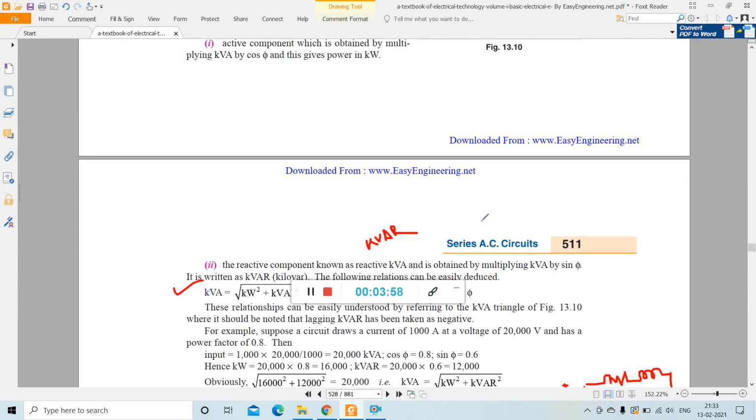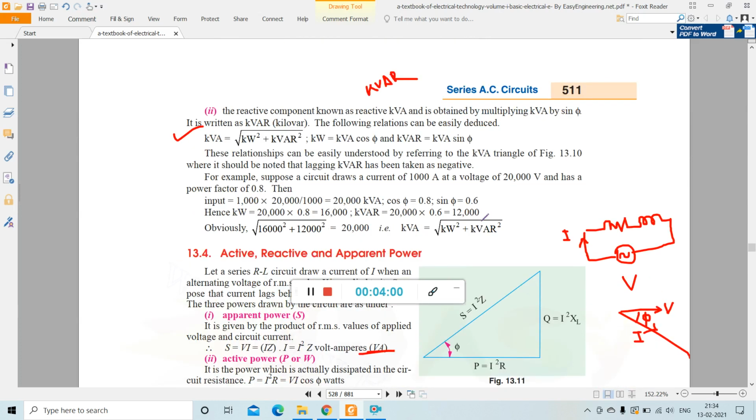Similarly, the reactive component, known as reactive kVA, is obtained by multiplying kVA by sin phi. It is written as kVAR.